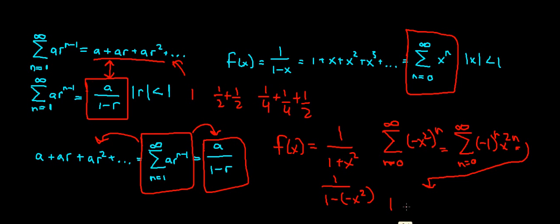Actually, the next one will be minus x squared, and then x to the 4th. Just like that. So this is how we convert functions to a power series or a geometric series.